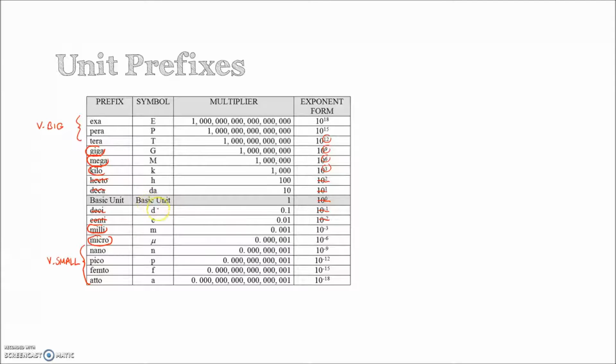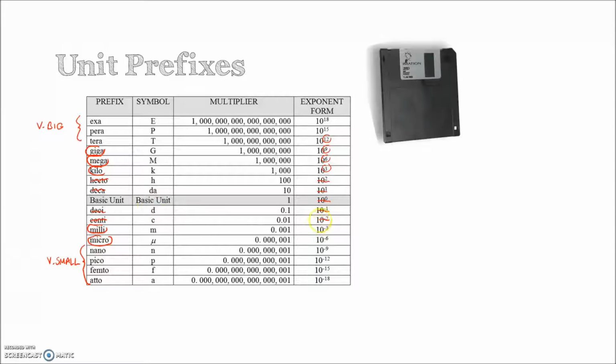Okay, now a good example of this is memory in storage for computers. So here we have a floppy disk, which you probably have seen before, and this was quite big. It would fit in your hand, and it had 1.44 megabytes.